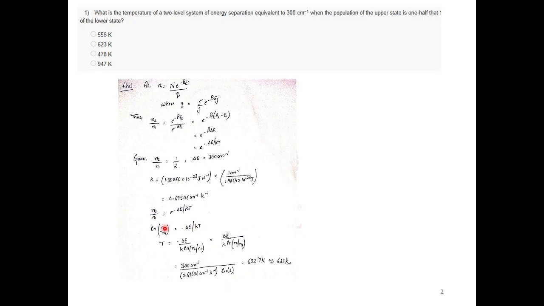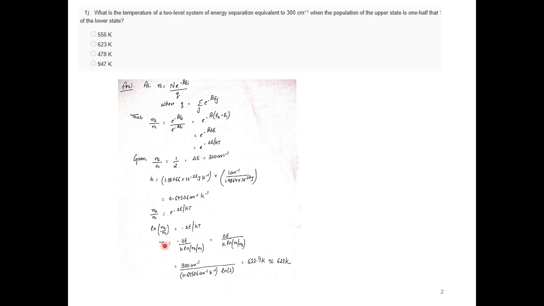From there you can get the value of temperature. If you take ln of N2 by N1, then ln e to the power minus epsilon by kBT is basically this value.